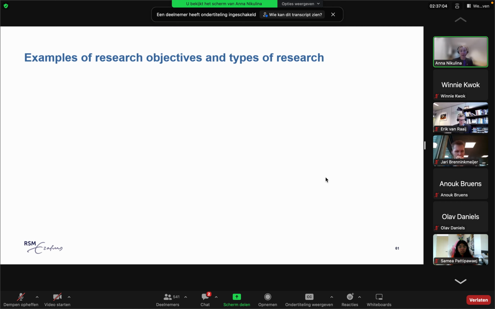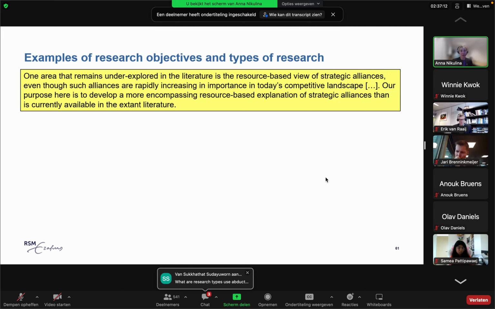I will give you examples of 4 descriptions of research objectives, one by one, and you could try to identify the type of research that is relevant for that. We can also think about scientific reasoning if this is relevant, because I see a question coming in the chat. So, first example.